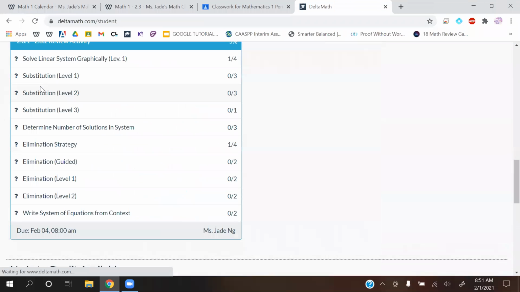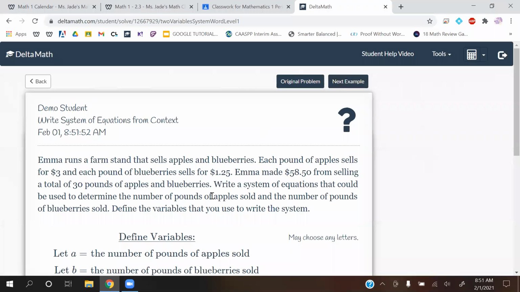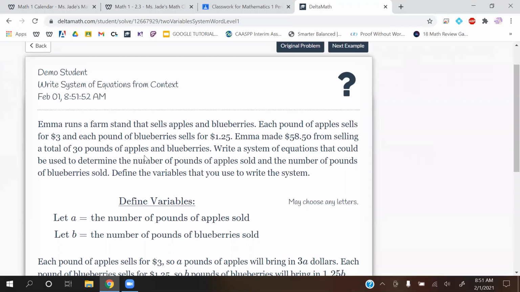Okay, last category, write system of equations from context. Show example. Here you just have to read the situation. Emma runs a farm stand that sells apples and blueberries. Each pound of apples sells for $3 and each pound of blueberries sells for $1.25. Emma made $58.50 from selling a total of 30 pounds of apples and blueberries.